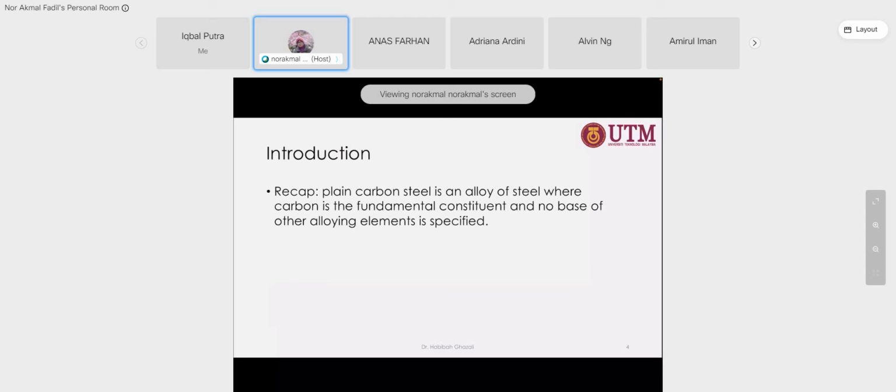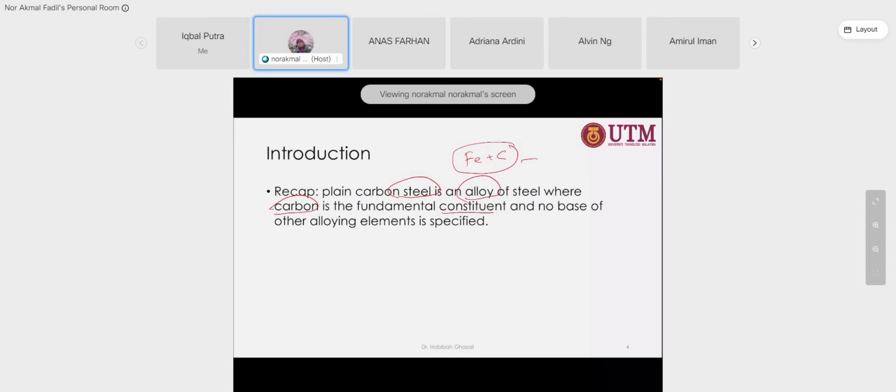As a recap, plain carbon steel is an alloy. Steel itself is actually an alloy of iron plus carbon, where carbon is the fundamental constituent and no other alloying element is specified. Only iron and carbon.